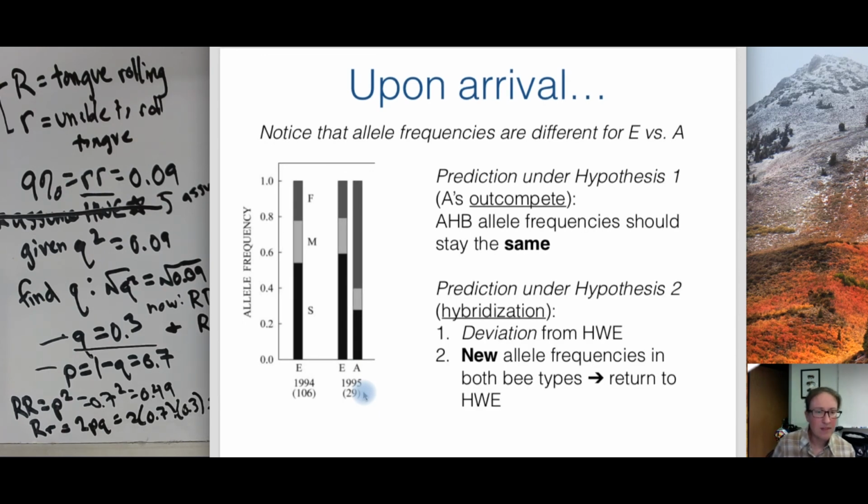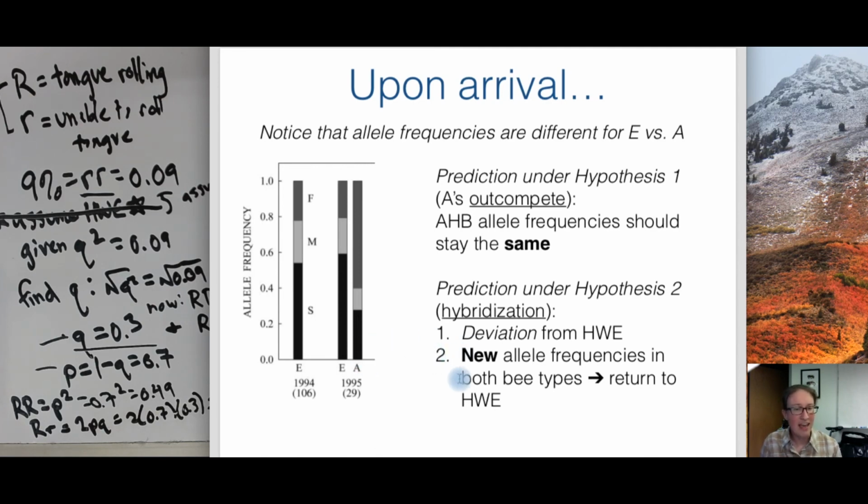However, if that's not the case, and if instead what happens is Africanized and European honeybees hybridize with each other, then what we'd expect to observe is a change from Hardy-Weinberg equilibrium over time.